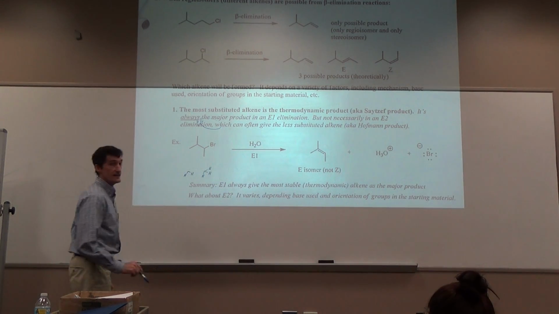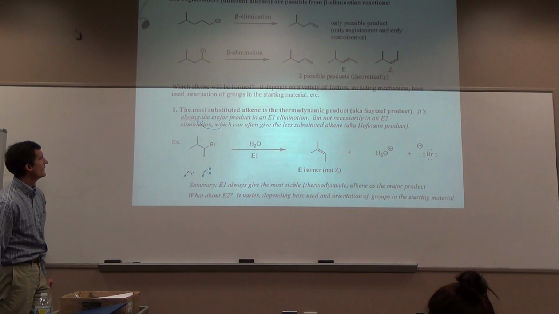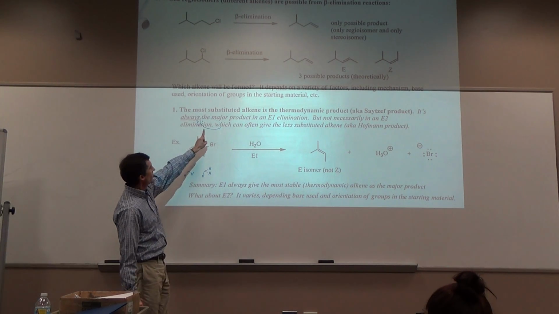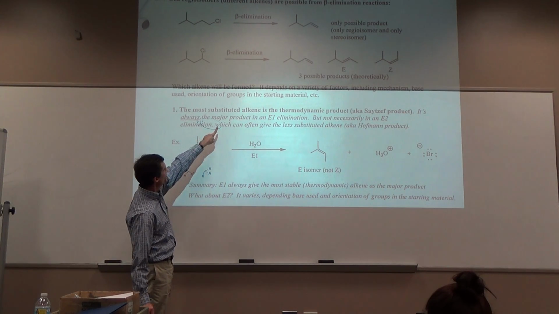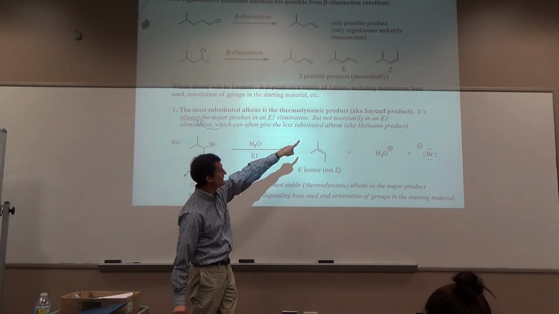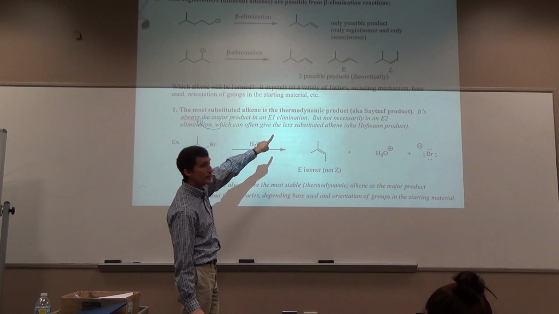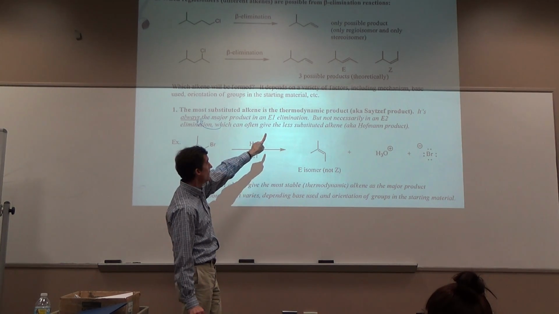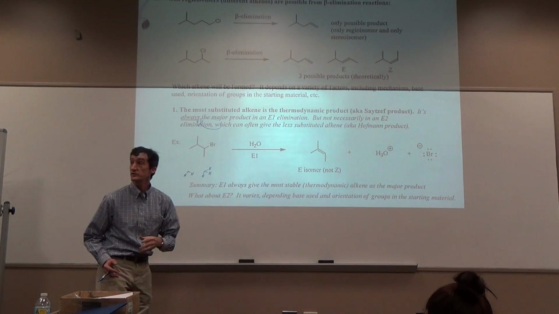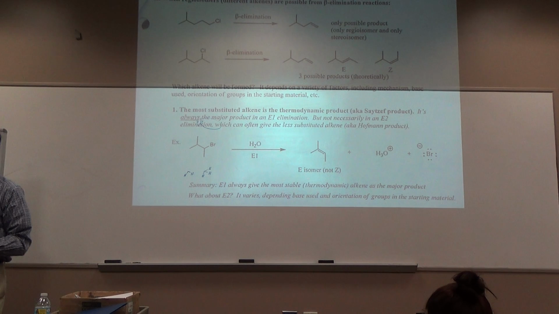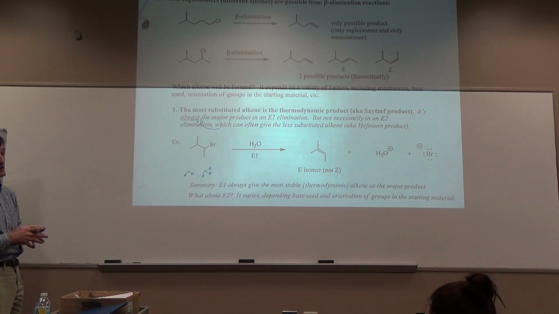First off, we'll start with the easiest. We already know this opening statement. The most substituted alkene is the thermodynamic product, right? Because the most substituted alkene is the most stable, and the most stable is the thermodynamic product. In the context of eliminations, that's called the Zaitsev product.